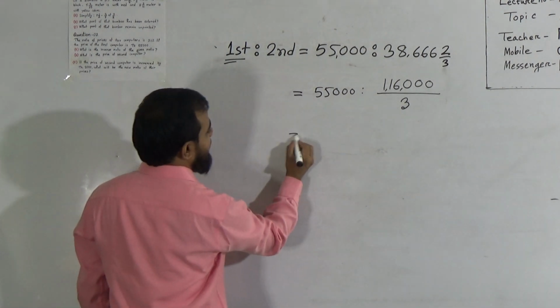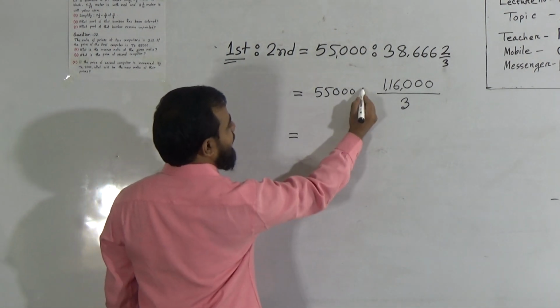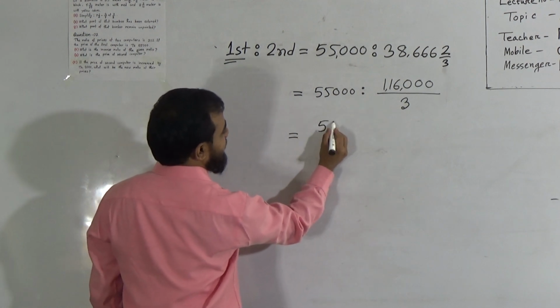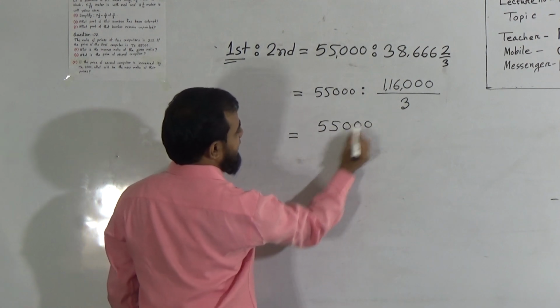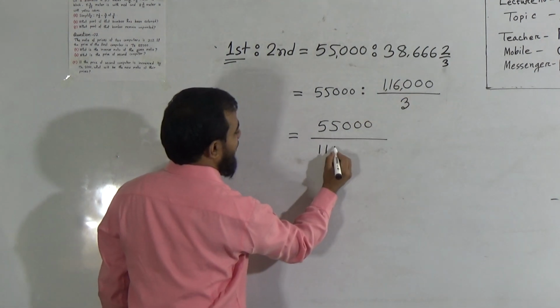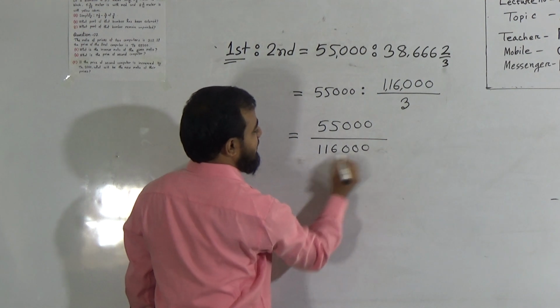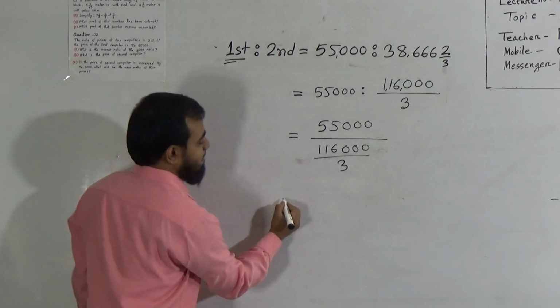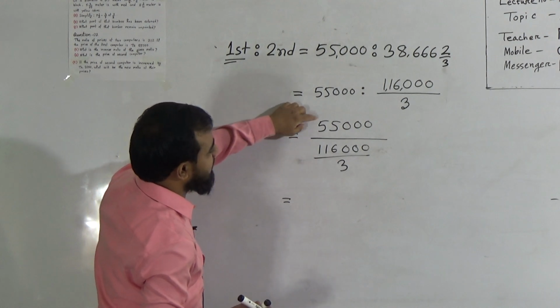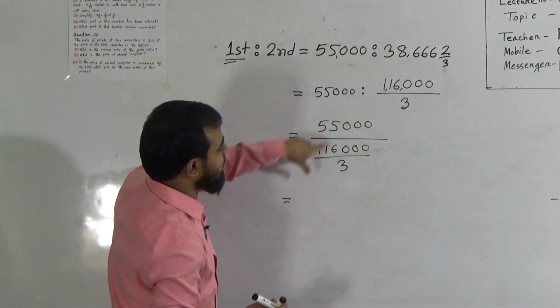After that we have to write down this ratio as a fraction. Its fraction will be 55,000 divided by 1,16,000 divided by 3. Now look, this is nothing but only a division, 55,000 divided by this one, right?